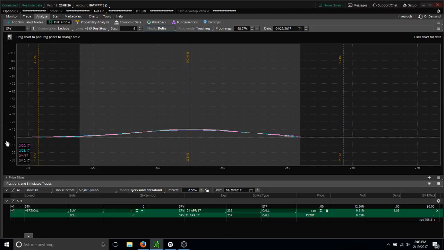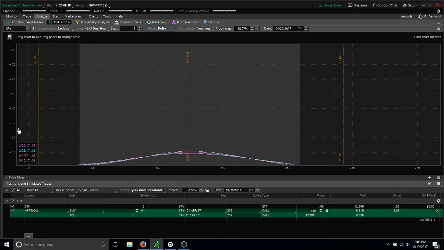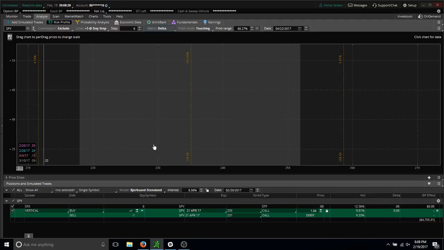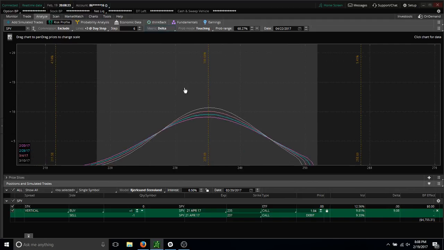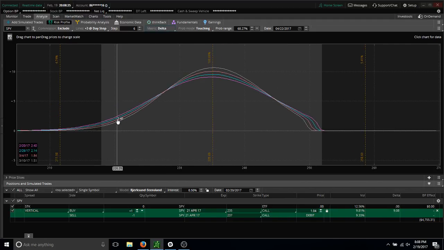So Delta, just want you guys to see this. So my profit loss on Delta, if it continues to climb, I'm really only gaining money, and then it drops off further to expiration.